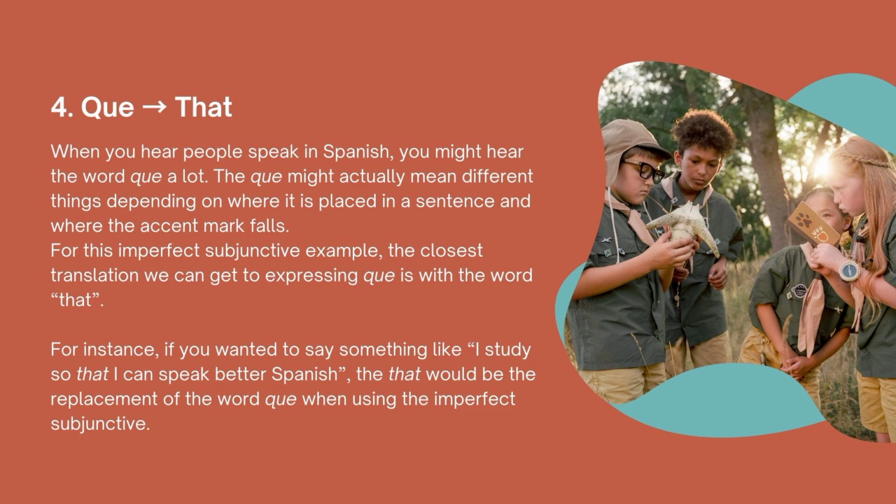For que or that, when you hear people speak in Spanish, you might hear the word que a lot. The que might actually mean different things depending on where it is placed in a sentence and where the accent mark falls. For the imperfect subjunctive example, the closest translation you can get to expressing que is the word that. For instance, if you wanted to say something like I study so that I can speak better Spanish, the that would be a replacement of the word que.